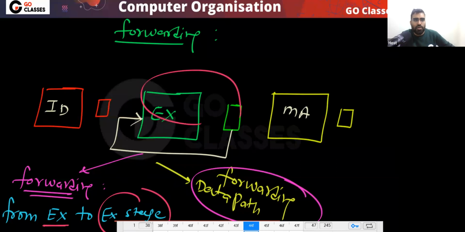From the execution buffer, you are sending the value to the execution stage. So this forwarding is from the execution stage to the execution stage. Understood? Please tell me. Let me know, did you understand this idea?